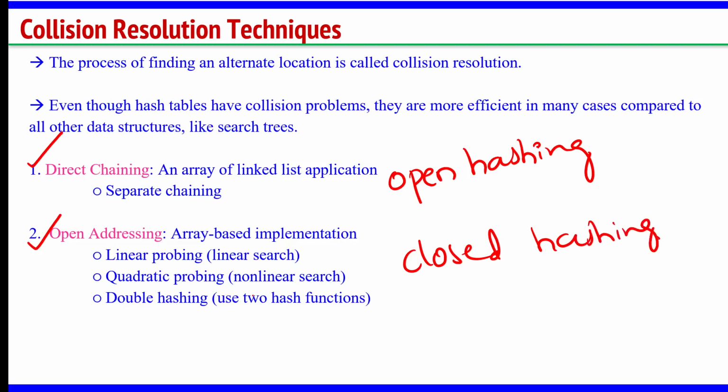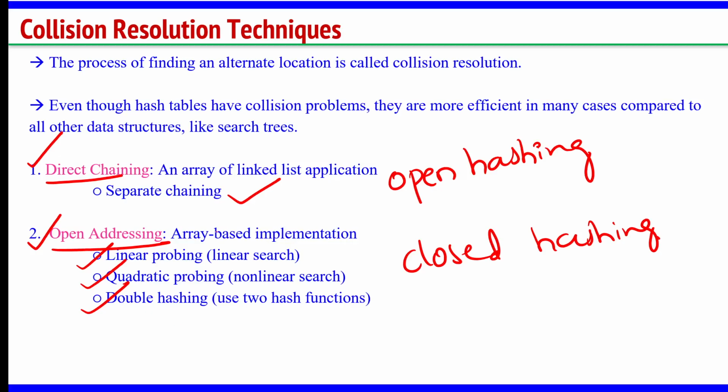There are two ways of avoiding these collisions in hashing: the direct chaining method and the open addressing method. In direct chaining, we have something called separate chaining, and in open addressing, we have linear probing, quadratic probing, and double hashing.